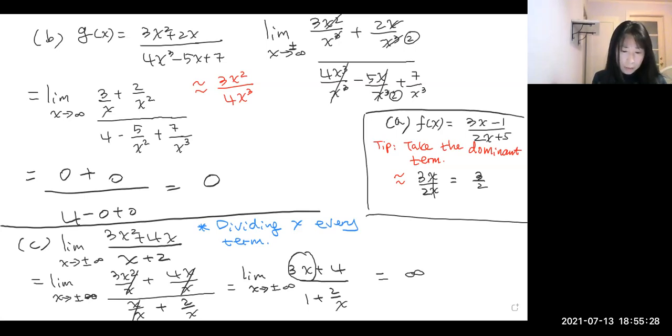Then what do you get? 3 over 4x. Then what do you get for the limit? 0. And we get 0, right? Okay. How about this one?